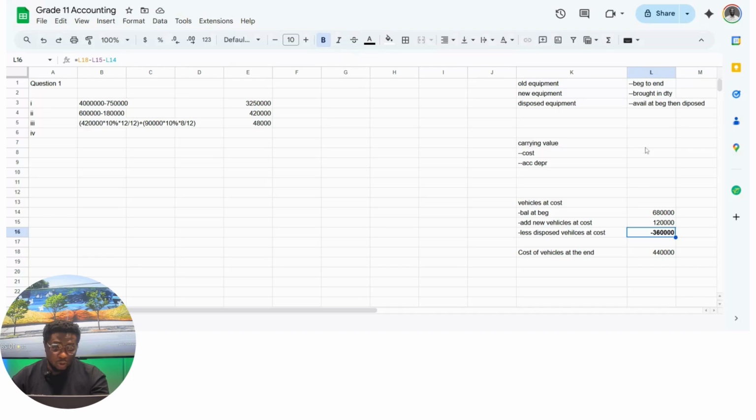Okay, cool. So now in our calculation for the carrying value of the disposed vehicle, we at least have one more thing: we've got that this vehicle had a cost of 360,000.